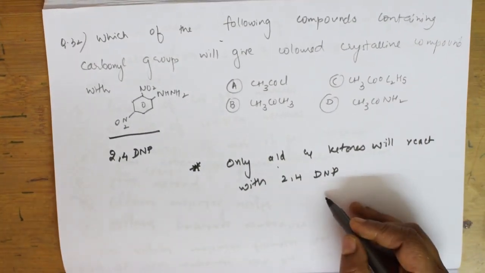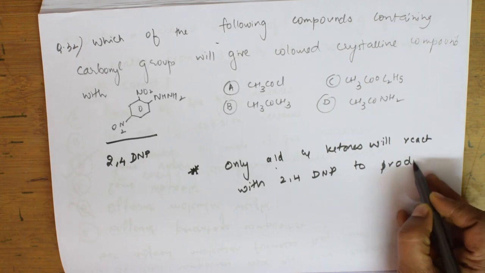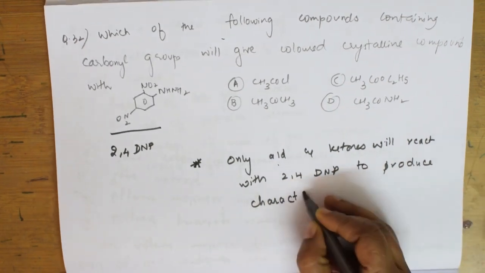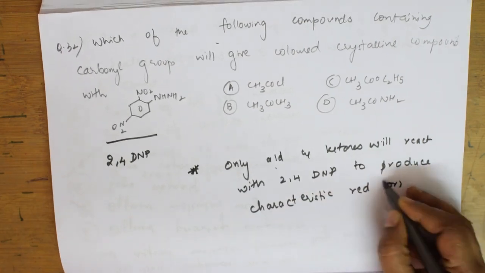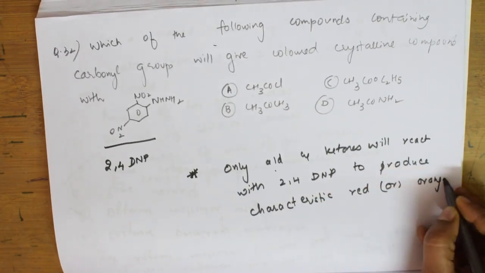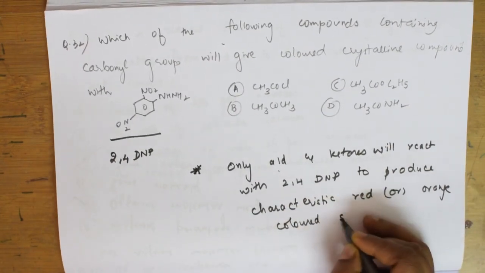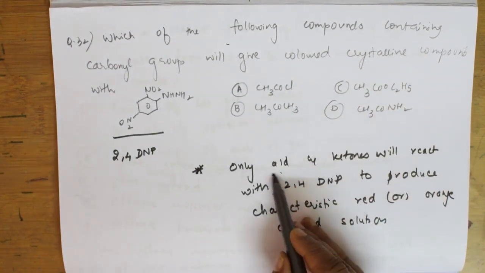What do they give after reacting? They are going to produce a characteristic red or orange colored solution. So this you have to remember. So aldehydes and ketones, we said.